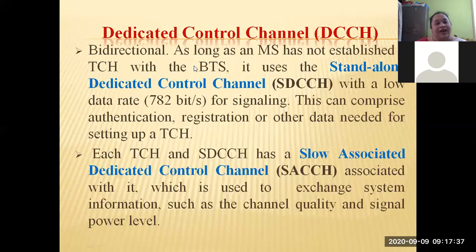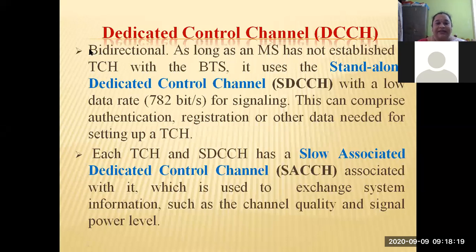Whenever there is a problem of availability of the connection between the mobile station and the base transceiver system, or there is a failure in the connection between the traffic channels and the base transceiver system, as an alternative we can use the standalone dedicated control channel with a lower signaling rate. Using this channel, we can send the data, but at the lower signal rate. We also have the disadvantage of compromising security. Why? Because it will not ask for your identification at any time if you use this SDCCH. So security is a problem in using this particular alternative, right?